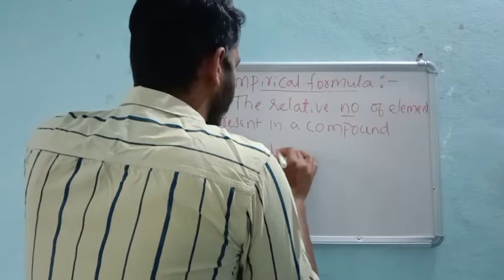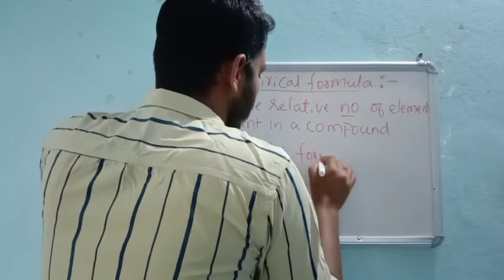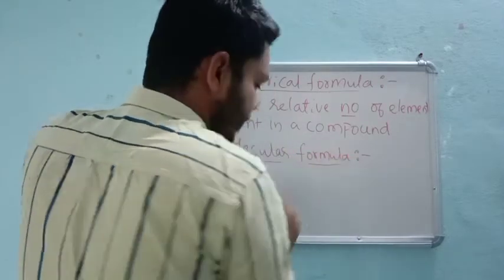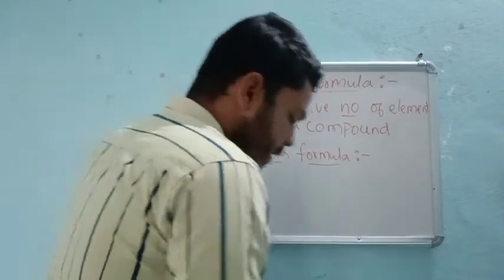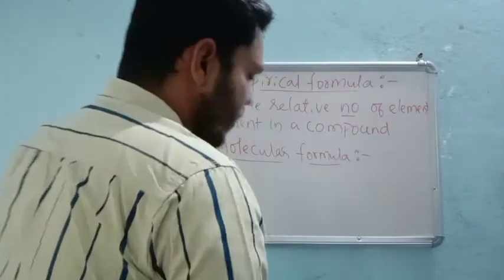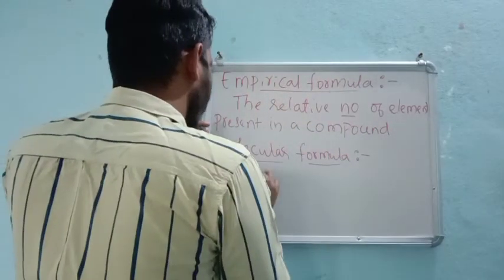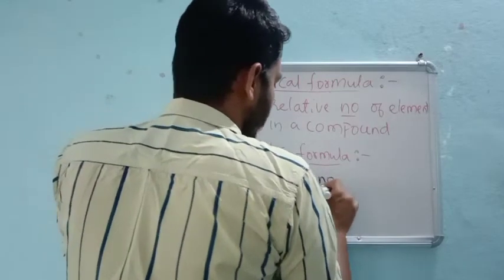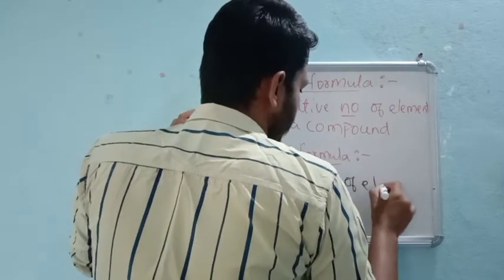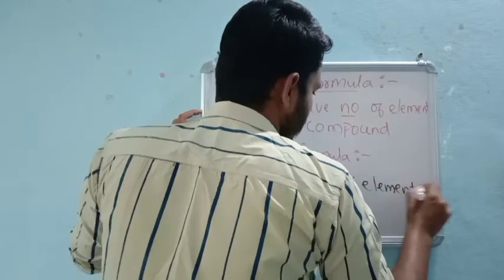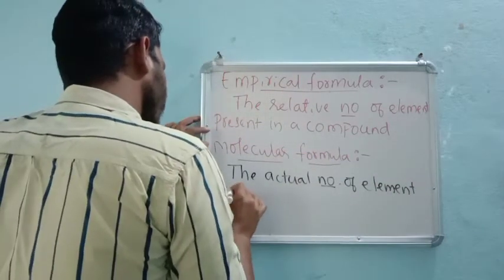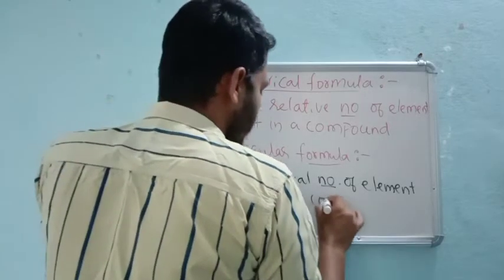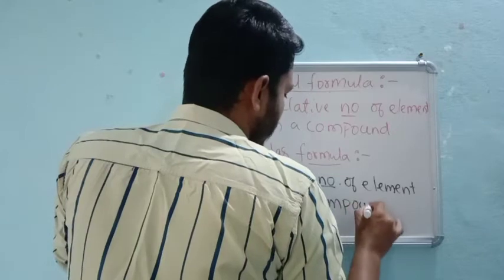So next is the molecular formula. So what is the molecular formula? We'll see. The actual number of elements present in a given compound. The actual number of elements present in a compound, the total number we can see, right?